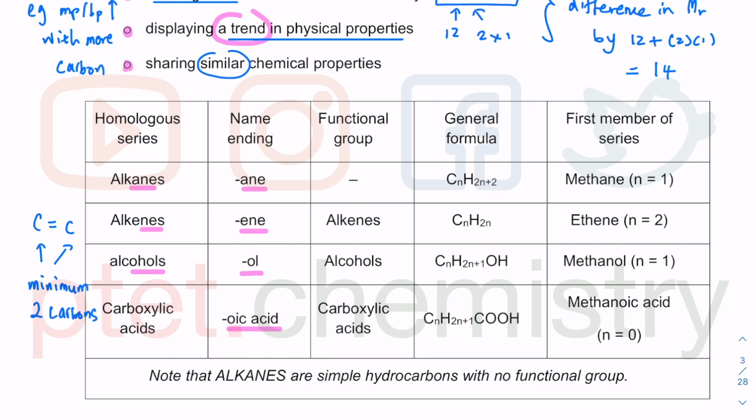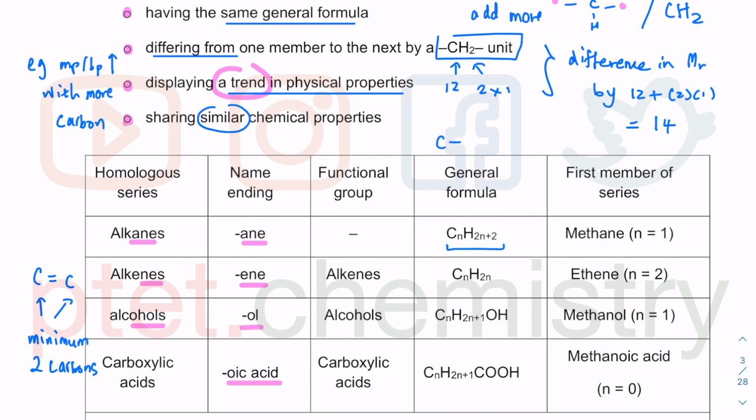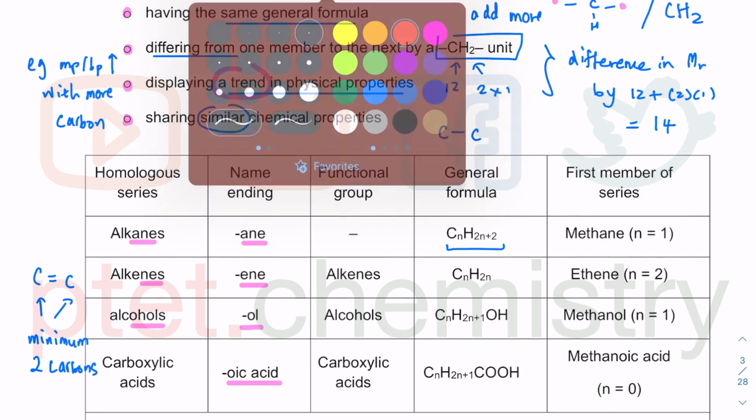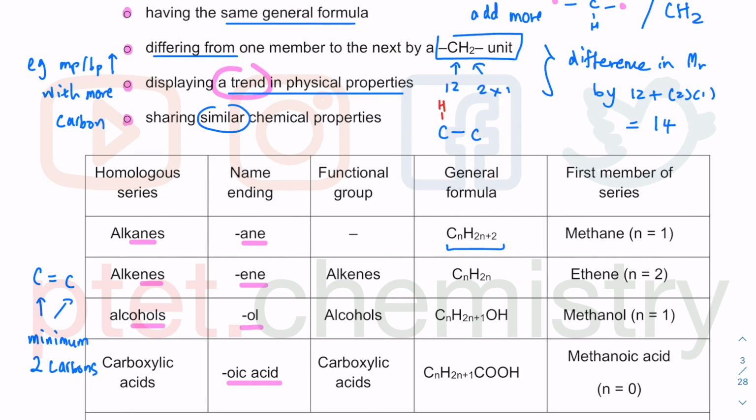Just to round up this session, how in the world do we come up with this general formula? If you think about alkane, so if you have alkane like this, that means you will add in hydrogen, 1, 2, 3, and 4. So these are 2 carbons, single covalent bond because it's alkane. I add in 1, 2, 3, and 4. Carbon forms 4 covalent bonds.